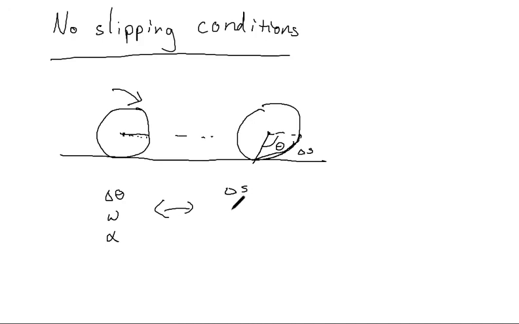And then you could have a tangential velocity. That would be the velocity of a marked point on the edge of the wheel. You need to say relative to what? In this case, I could be talking about relative to the center of the wheel.